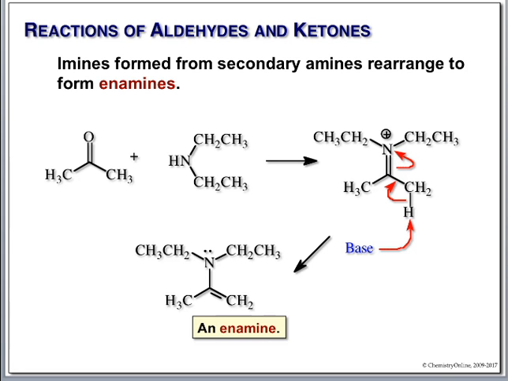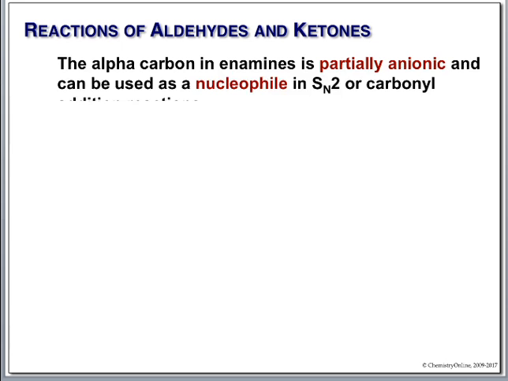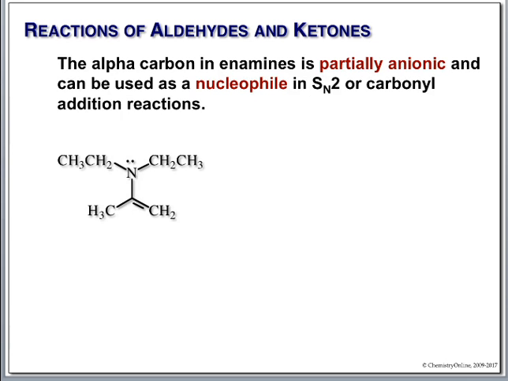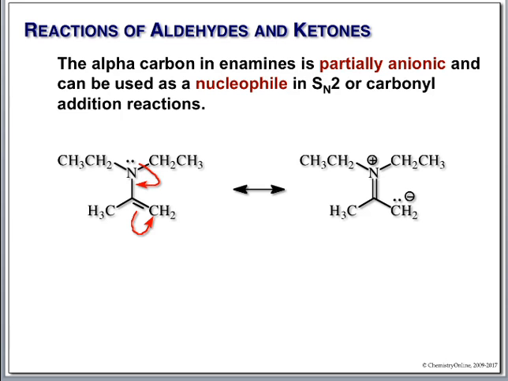Now the reason that this is so neat is that this process is at equilibrium. And we can take these electrons, move them back, and put a carbanion on this carbon. So here's our enamine. We're going to move these electrons down, move these guys out, and we have a carbanion.